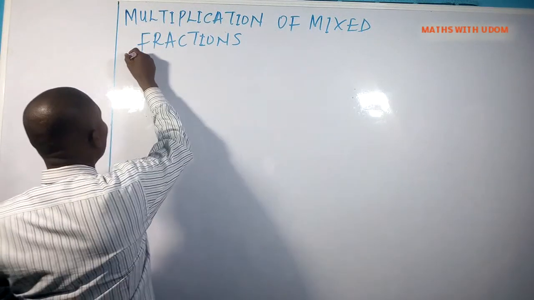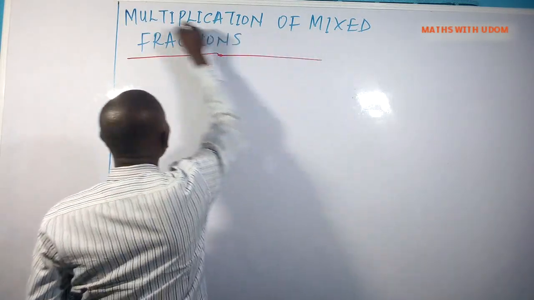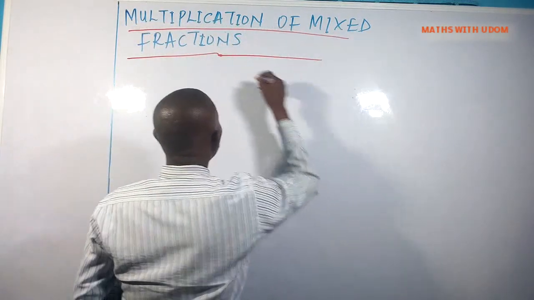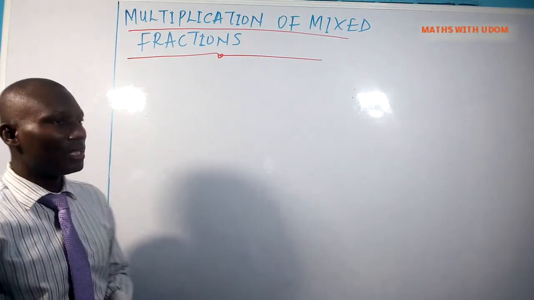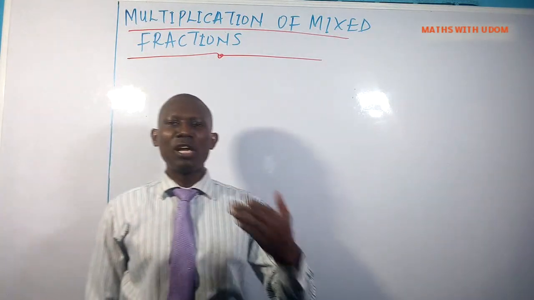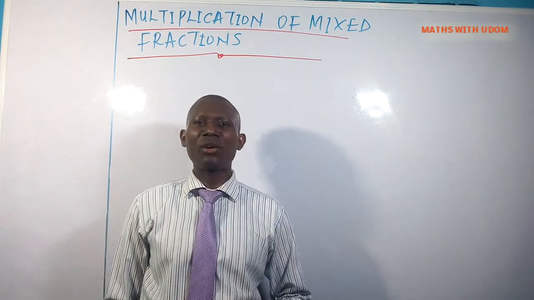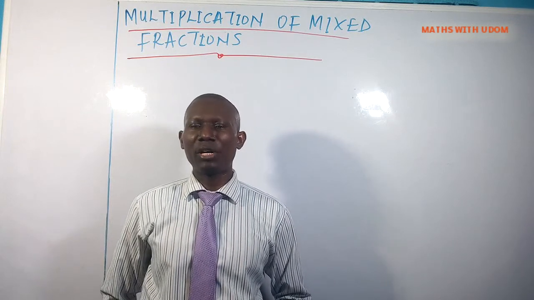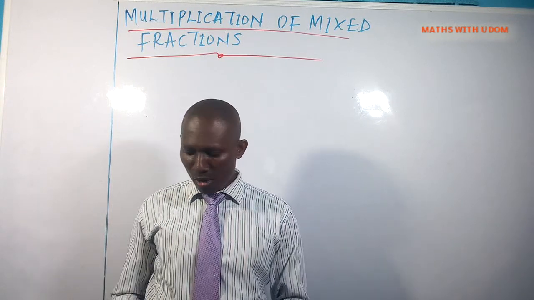Multiplication of mixed fractions. That is, we want to multiply a mixed fraction with another mixed fraction. Is that okay? So that is what we are going to do.